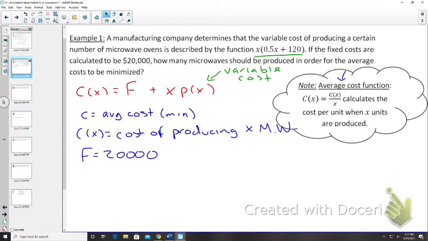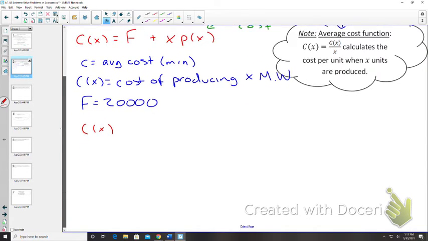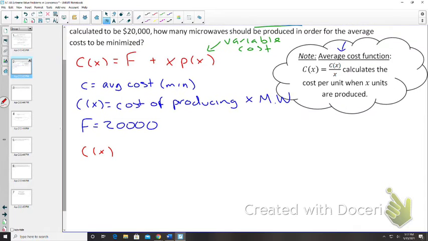So C of X is equal to the fixed cost, which is 20,000, plus our variable cost, which is X multiplied by 0.5X plus 120.